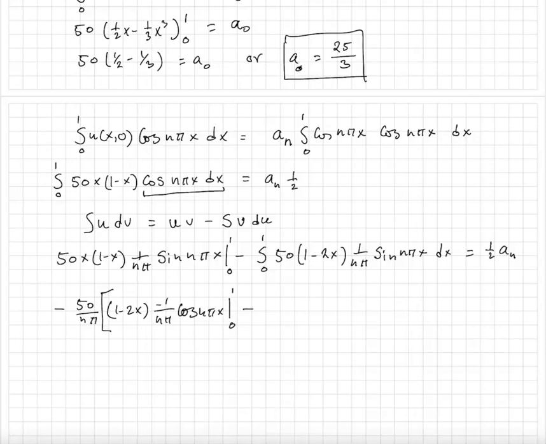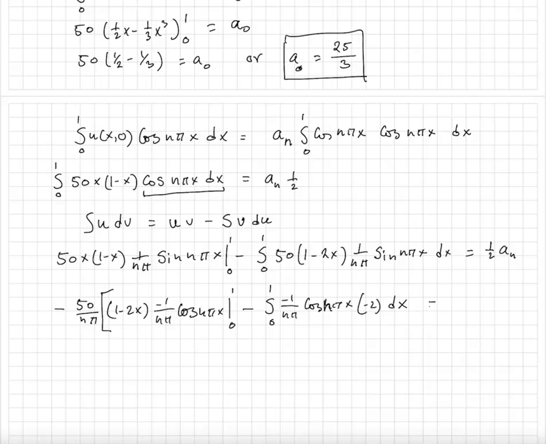Okay, minus now the integral from 0 to 1, and then we have to write down v du. We have already found v, cos n pi x with a coefficient of minus 1 by n pi, and u is 1 minus 2x, so du would be minus 2 dx.